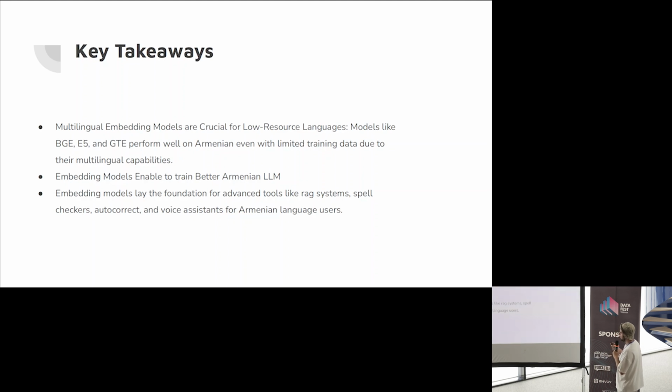The Armenian embedding model will enable us more flexibility and a better Armenian model. And these foundation embedding models can be a foundation for advanced systems such as RAG systems, spell checkers, autocorrects, and voice assistants for Armenian language users.